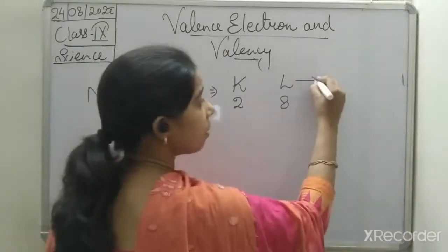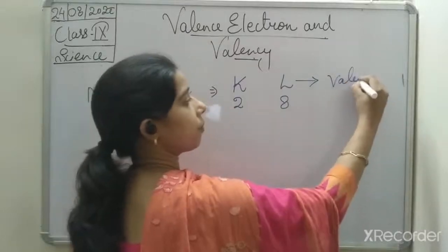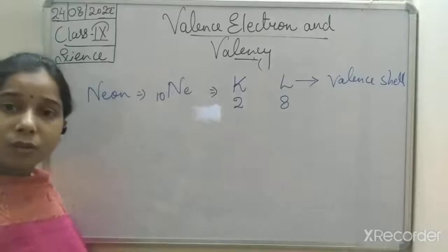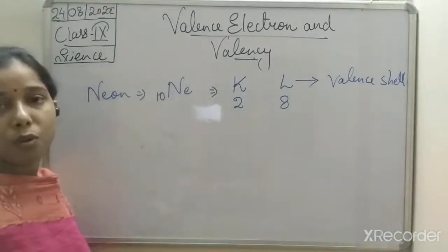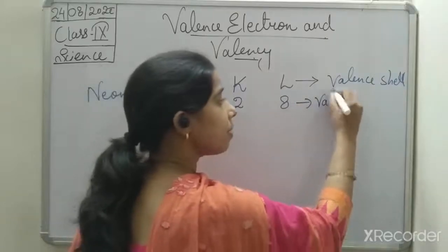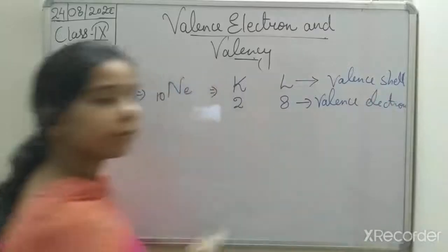So what is the valence shell here? L. L is the valence shell. And the electrons which enter the valence shell are known as the valence electrons. So what is the valence electron here, students? 8 is the valence electron.